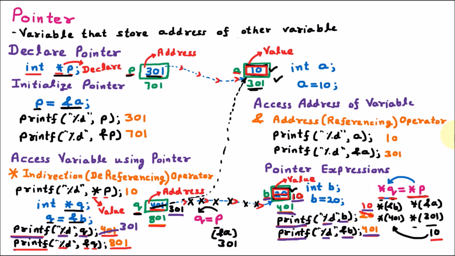But if we say printf("%d", &q), the address of q will remain 801.